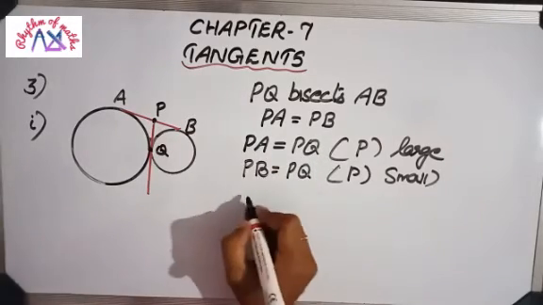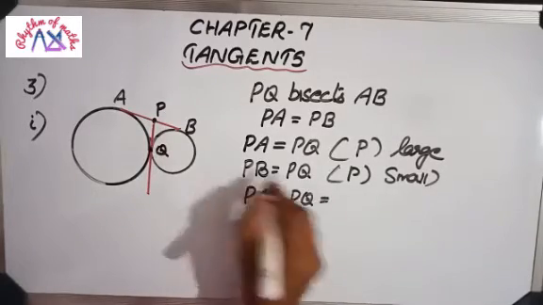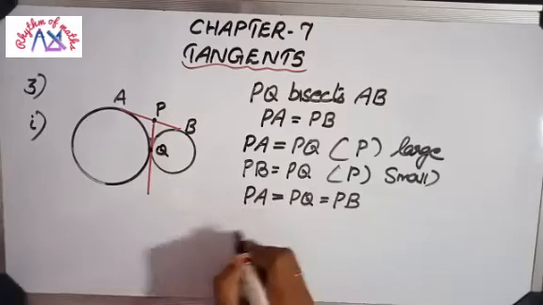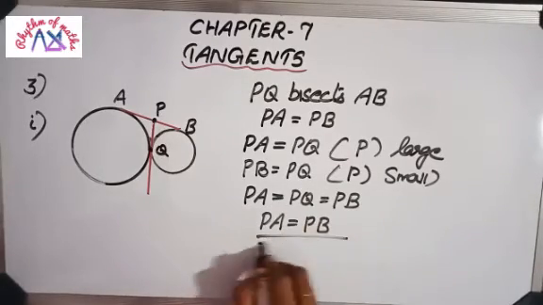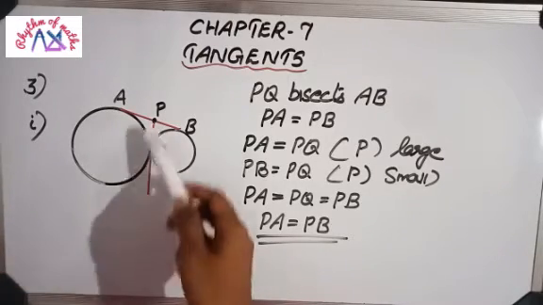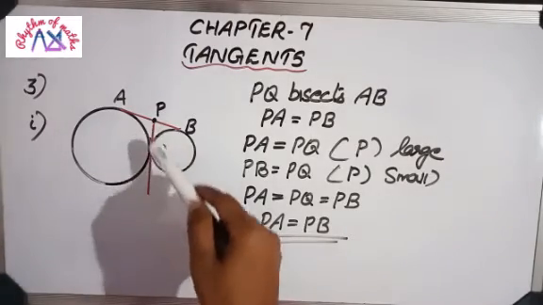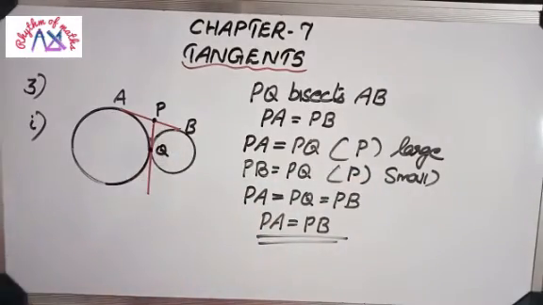That means what we can write here? PA equal to PQ and that same PQ is equal to PB. That means PA equal to PB. These two measurements are equal. That means we can say that this line, tangent PQ, bisects the common tangent AB. This is the third one's answer.